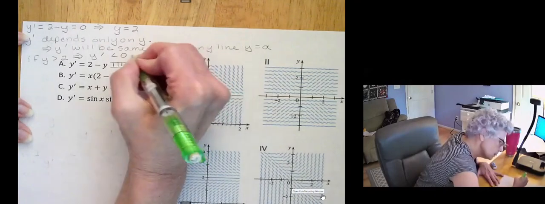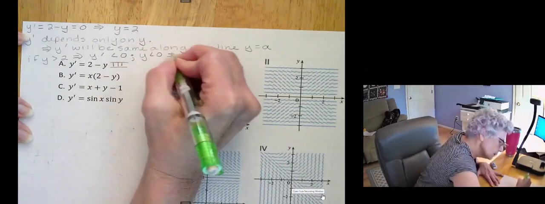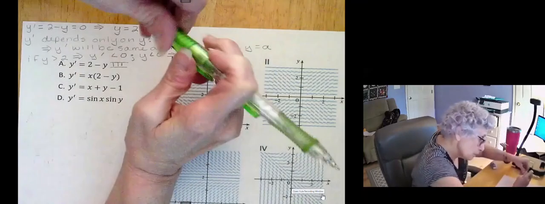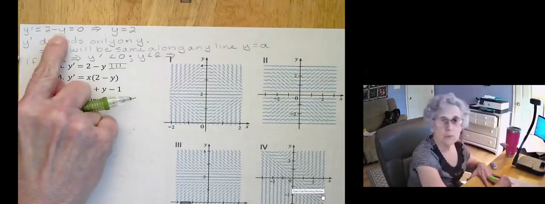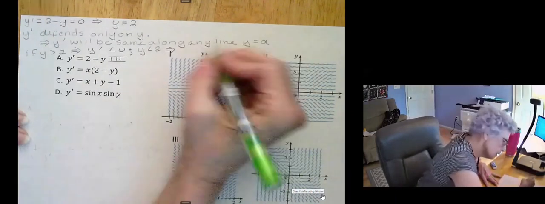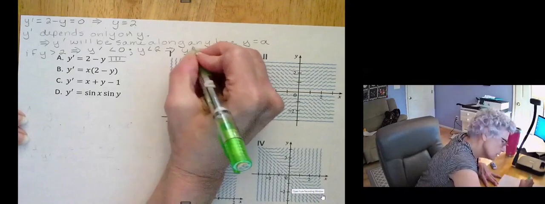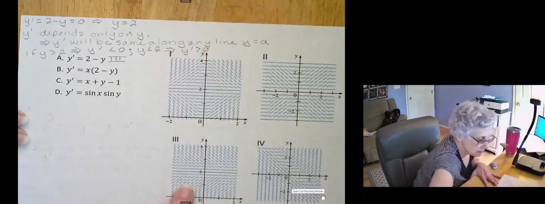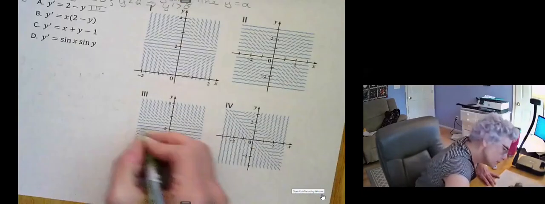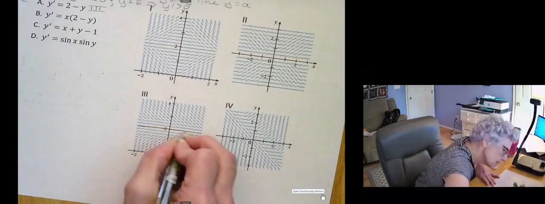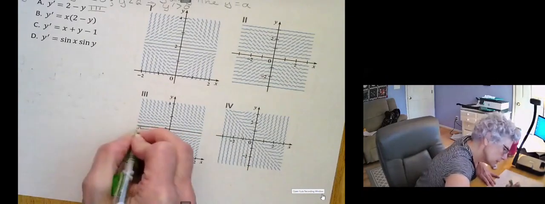If y is less than 2, then y primed is going to be a positive thing, because I would have 2 minus something less than 2, so y primed would be positive, and you can see that it is. And we also know that this is an equilibrium solution.